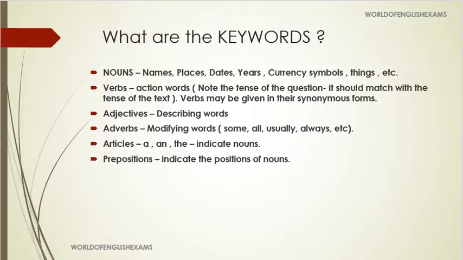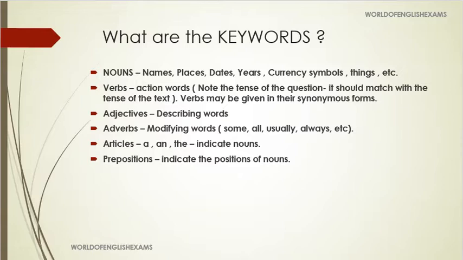Next one, verbs. Verbs, which are also known as action words, notify us about the tense of the question. Guys, mark this point. Noting the tense of the question is very important. Why? Often the tense of the question should match with the tense of the text, which means, let's say that the question given to you is in the past tense, then the corresponding text also should be in the past tense.